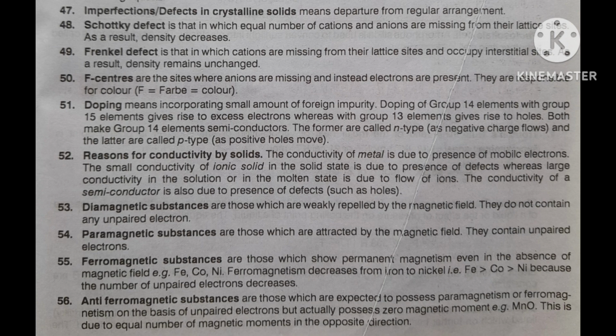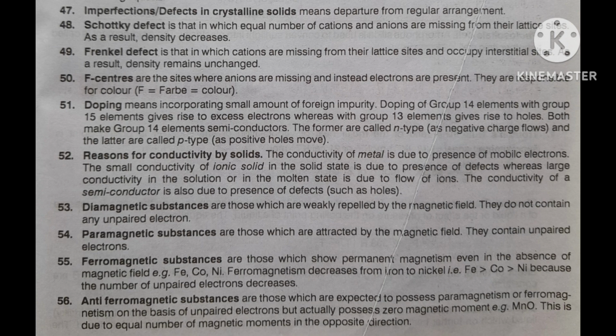Now the reverse of ferromagnetism is antiferromagnetism. Anti means it is opposite to ferro. Antiferromagnetic substances are those which are expected to possess paramagnetism or ferromagnetism on the basis of unpaired electrons, but actually possess zero magnetic moment.